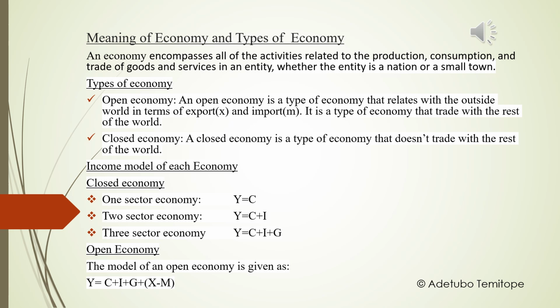The only difference between this open economy and the closed economy is the net export, which is given as X minus M. So the model of an open economy is given as Y equals C plus I plus G plus X minus M. That X minus M means net export, the difference between the export and the import. So that's the income model of each economy.